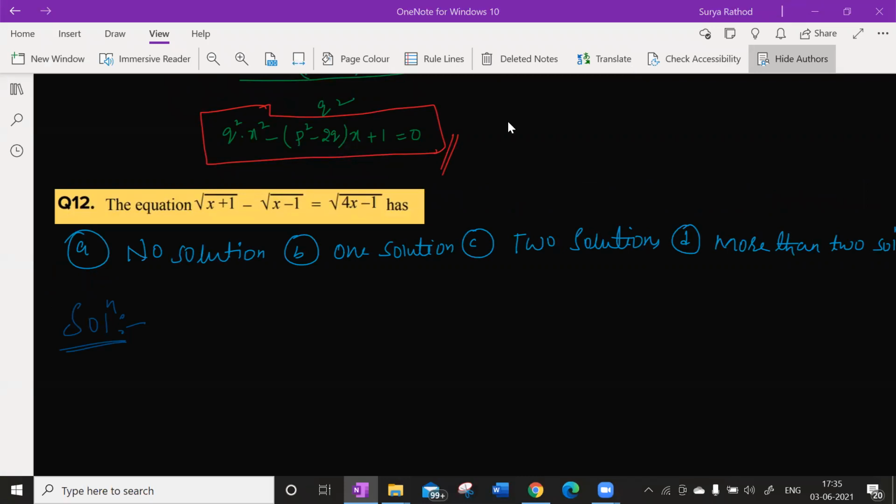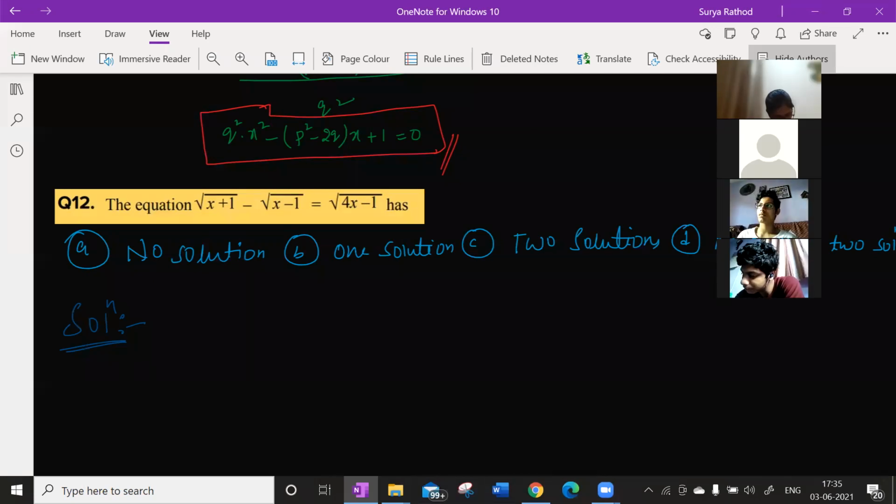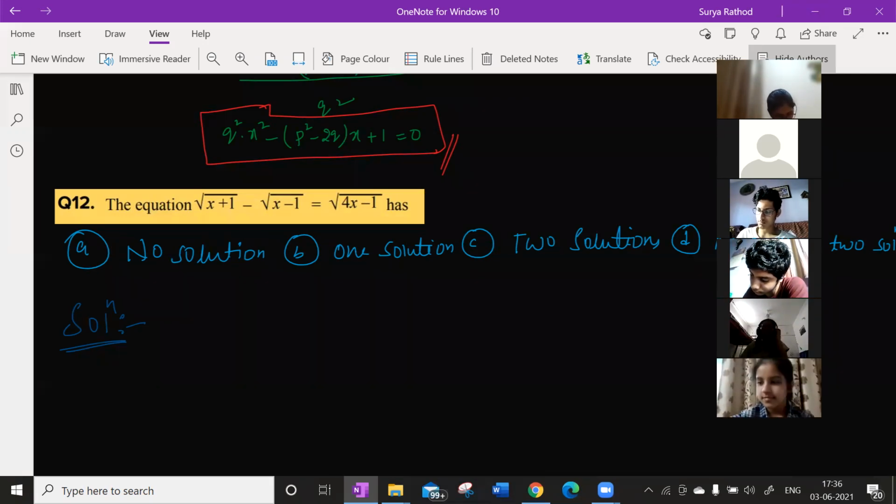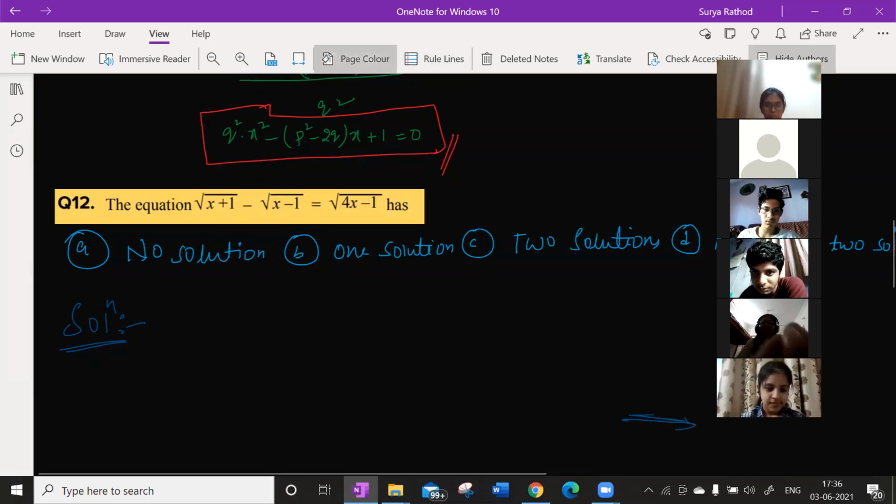Turn on your cameras, everyone. Anjali ji, if you are not turning on your camera, look, if I tap on three dots here, I can find an option called remove.